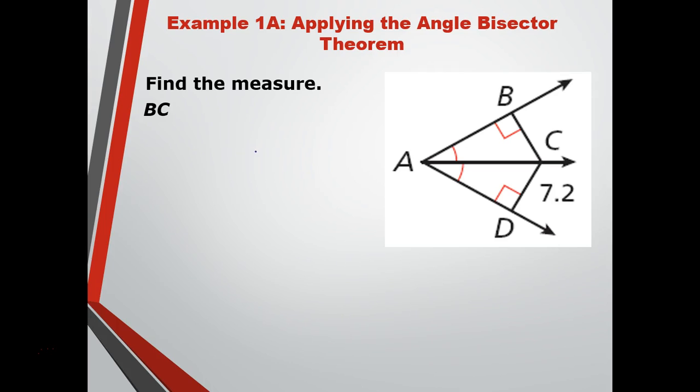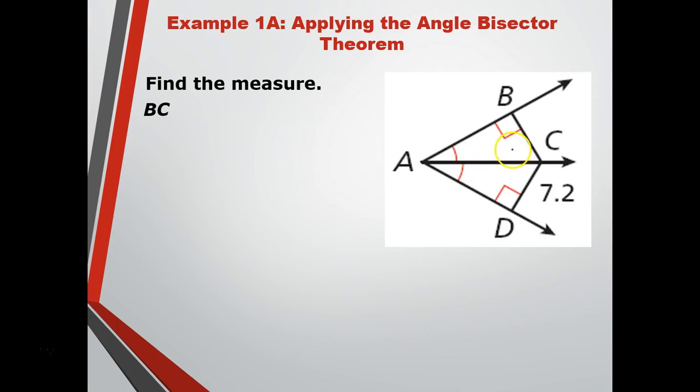All right, so this first example deals with what we just looked at, the angle bisector theorem and its converse. We're asked to find the measure of BC. Over here, BC is this segment right here. And we know that AC is the angle bisector of BAD.